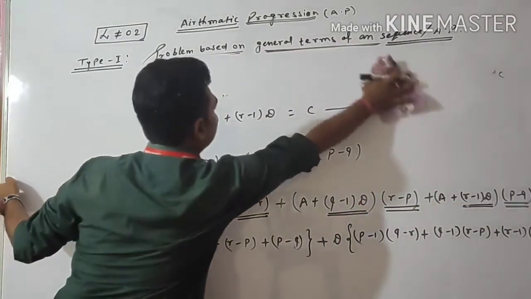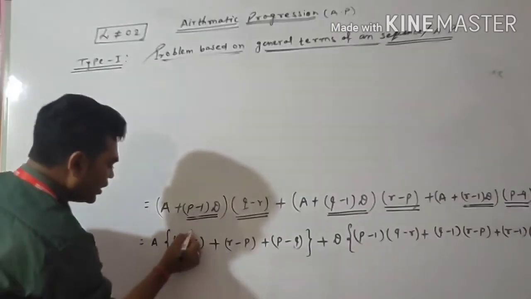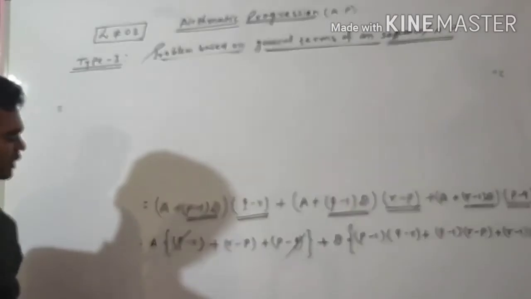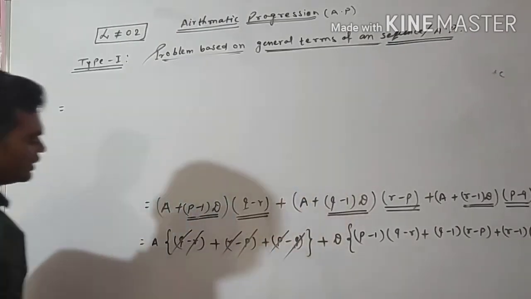And next, this equals: here q cancels with q, minus r plus r cancels, minus p plus p cancels.